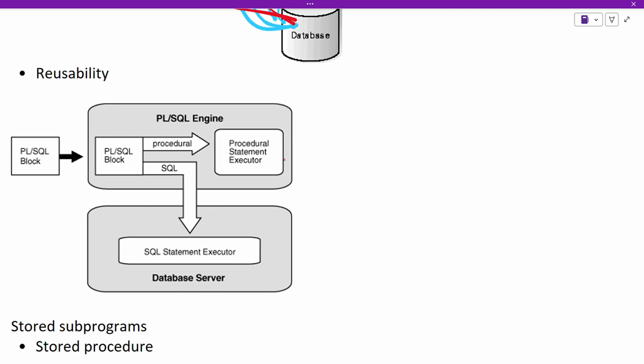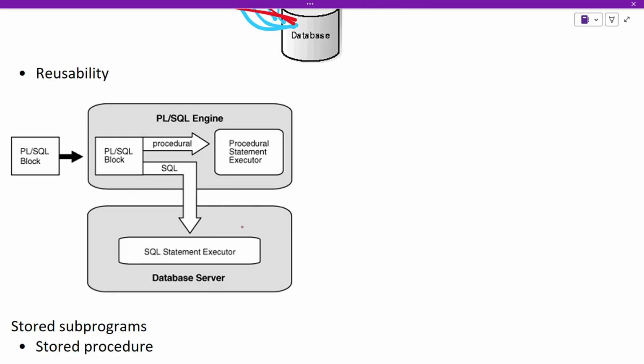So it is a great boost, and since it promotes reusability, there might be any number of clients, still we're just executing the same compiled code. So it is providing you that reusability factor, right?